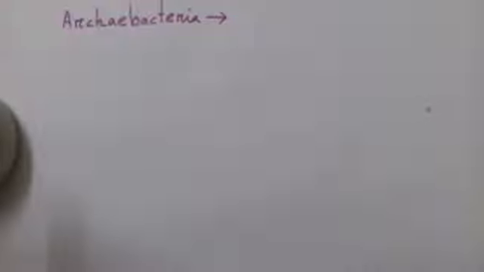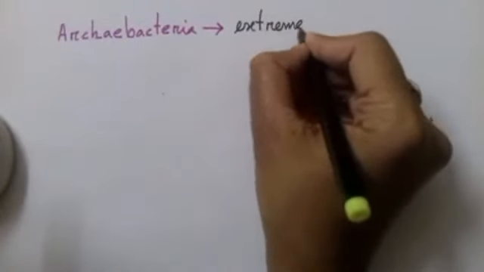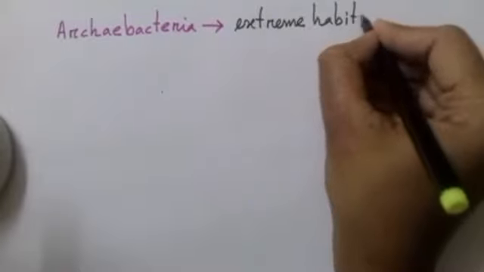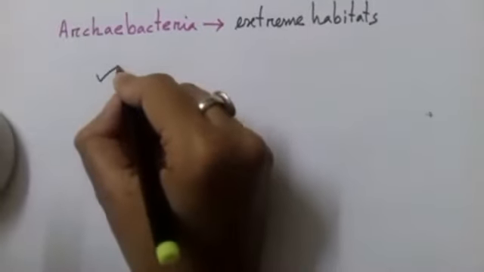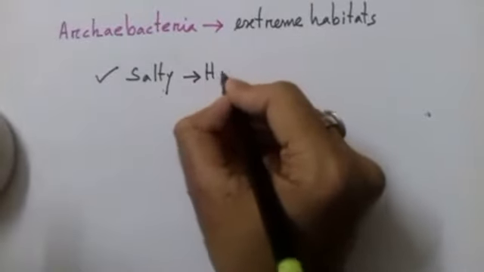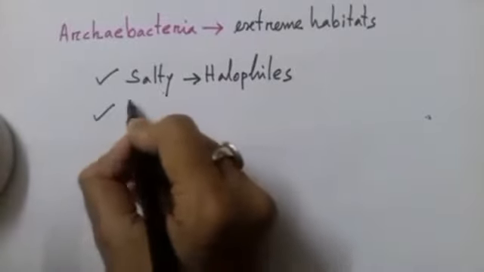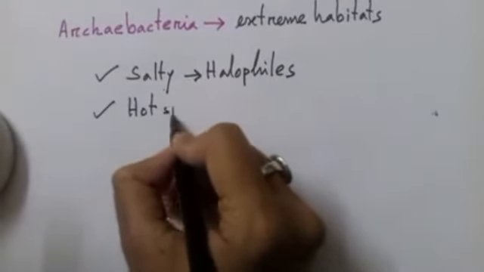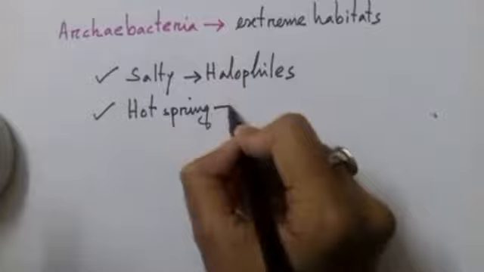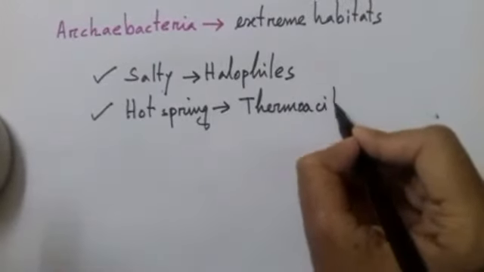Now, a special type of bacteria which is called Archaebacteria. Archaebacteria means those bacteria which live in extreme habitats, like in extremely salty areas they are called halophiles. In hot springs they are called thermoacidophiles.